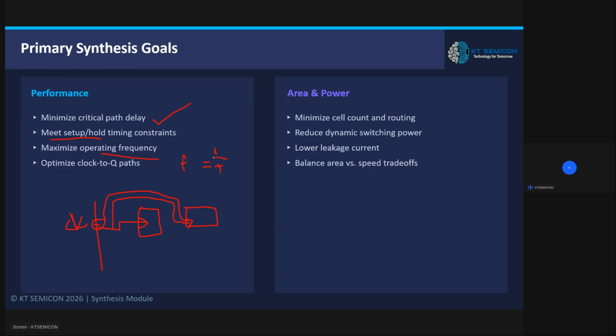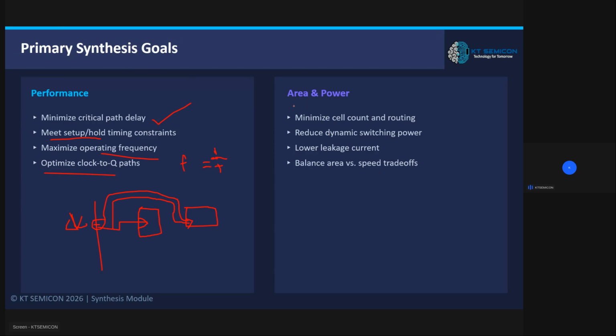You all know this, right? Frequency means 1 by t timing. When we minimize the frequency, obviously we get more time to capture the complete data. And optimize the clock-to-Q paths: from clock to Q we need to optimize the path for faster distribution.